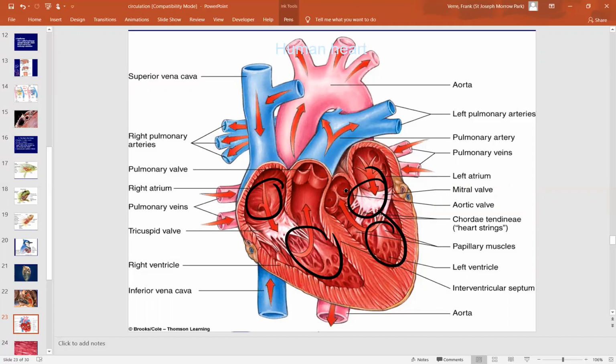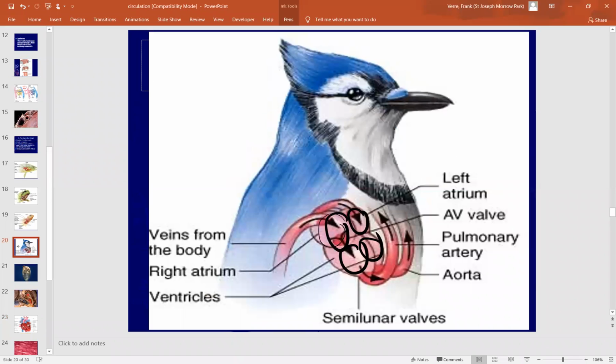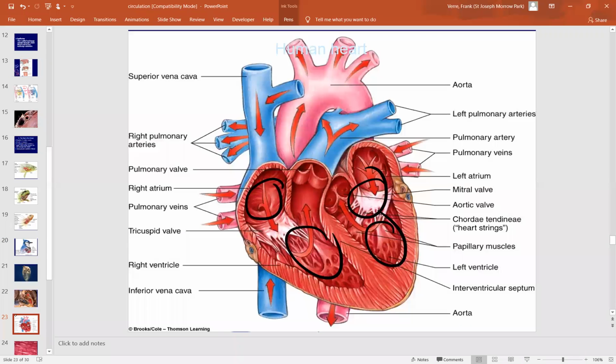What we also find in the heart are really important features. In this case, this is like a mammalian heart, but remember the bird heart also has 4 chambers. So we can see that the heart has other features.